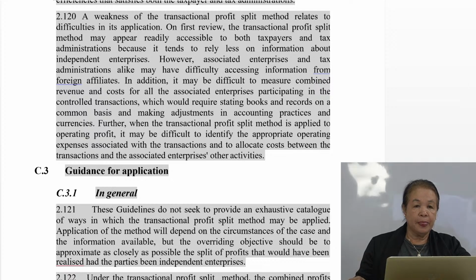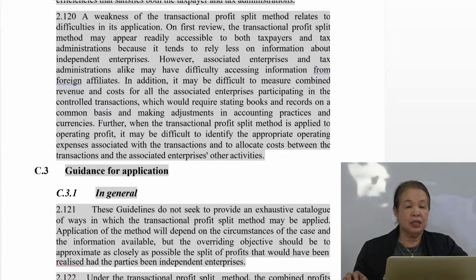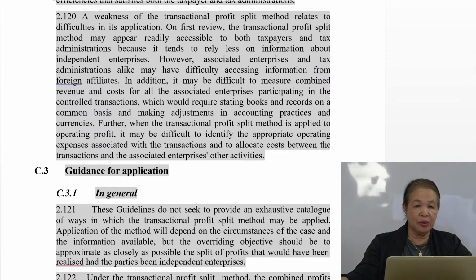Yung ating free na 2-day seminar, kailan yun, Hari? 16-17 ng November, no? So free po yan, but kailangan po nating mag-pre-register on that. Ilan na yung nag-pre-register sa atin?